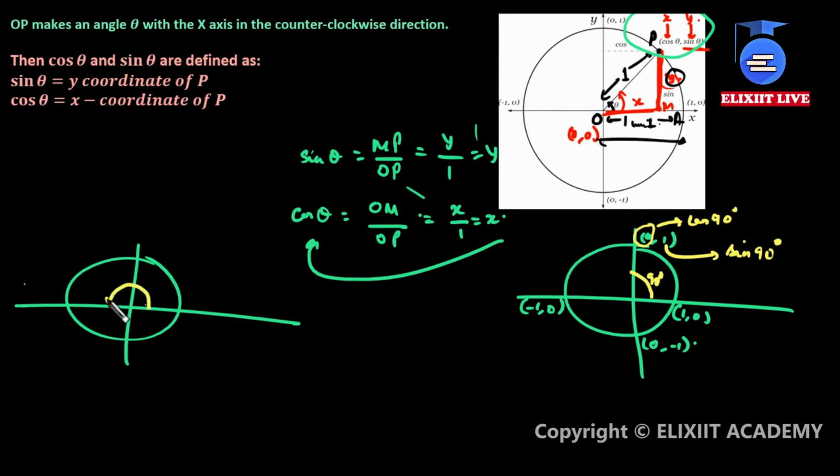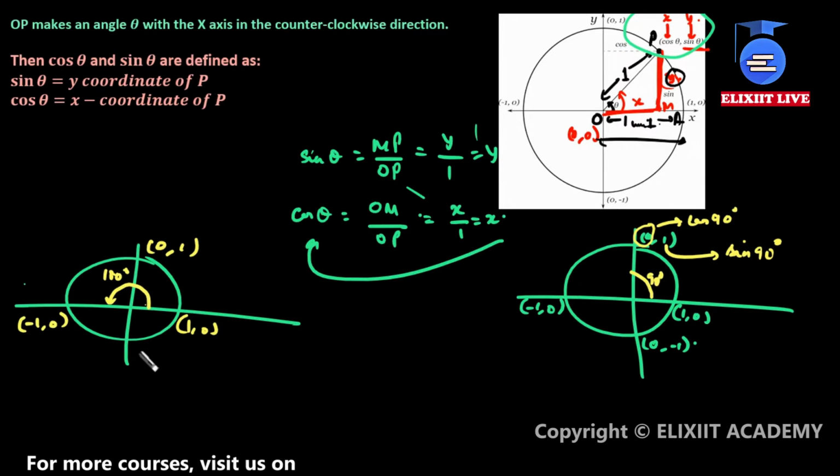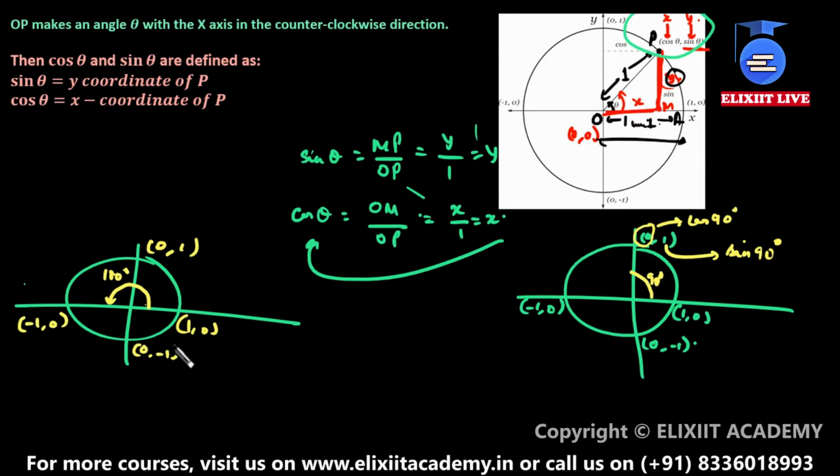This is 180 degrees. We have 1 comma 0, this is 0 comma 1, this is minus 1 comma 0, and this is 0 comma minus 1. So theta is 180 degrees over here, and cos theta will come over here, which is cos 180, and this is actually the value of sin 180.